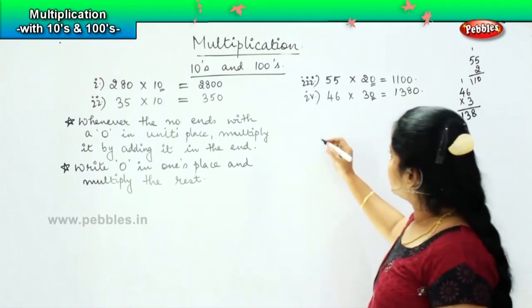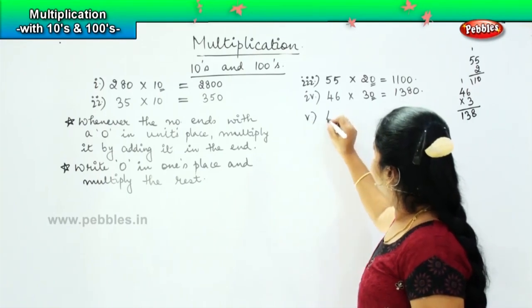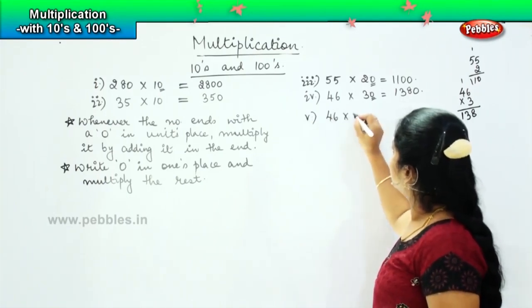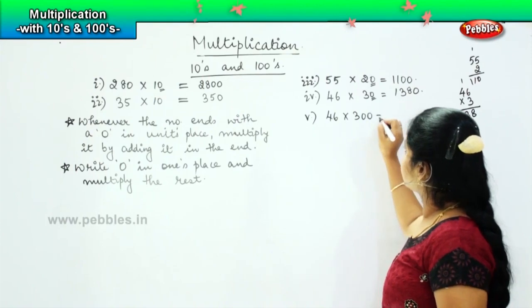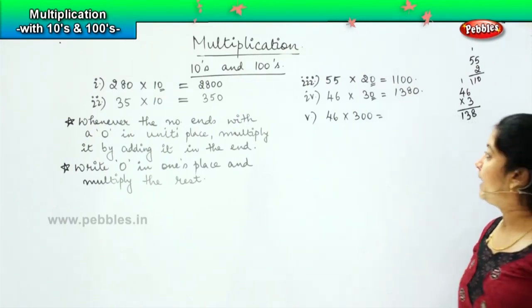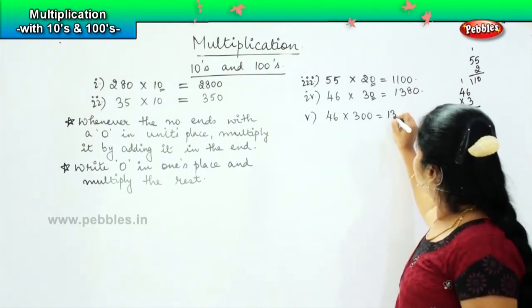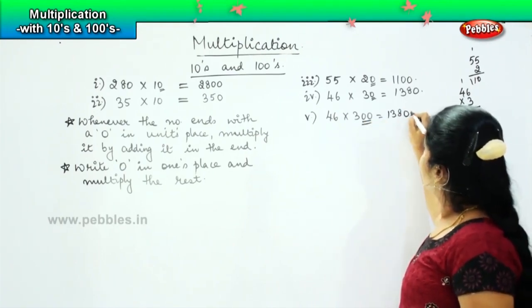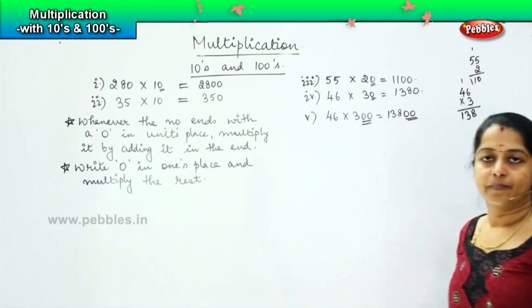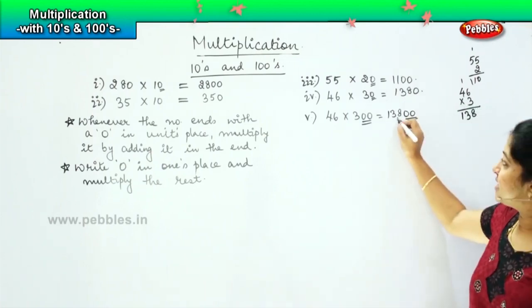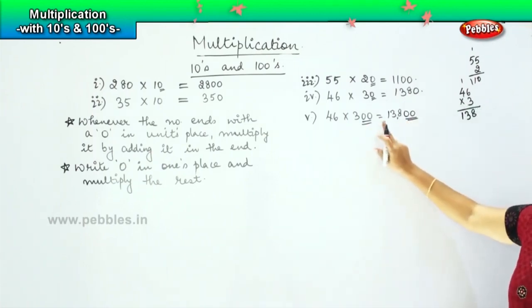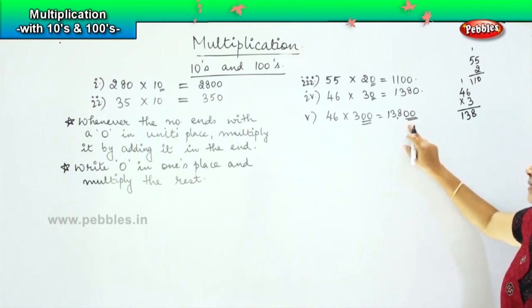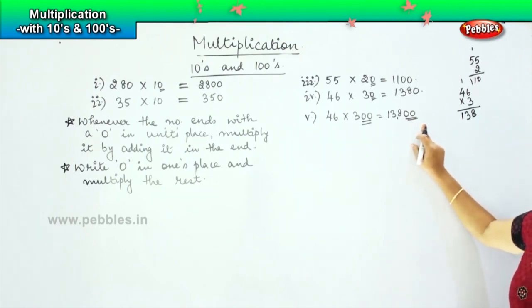Okay. Now, assume that if I have 46 into 300. In that case, my answer will be 138 and these two zeros I will be adding here. Okay. So, how many zeros are added towards the end? That many zeros we will be adding to the back of our answer.